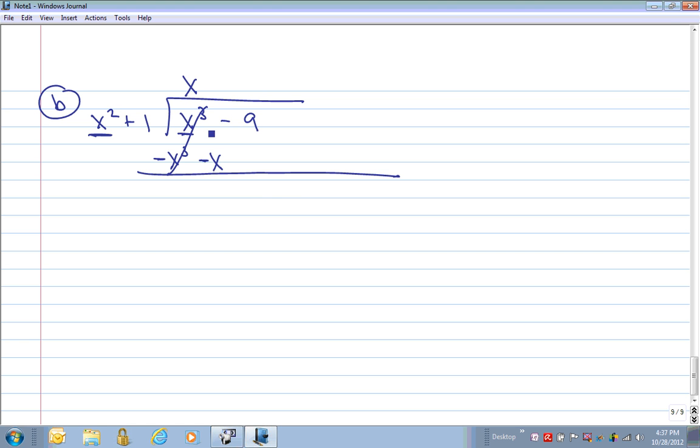This negative x squared, there's nothing above here, so this is just a negative x. There is nothing below negative 9, so this is minus 9. All right, this is actually a remainder because the degree is less than the degree of the divisor.